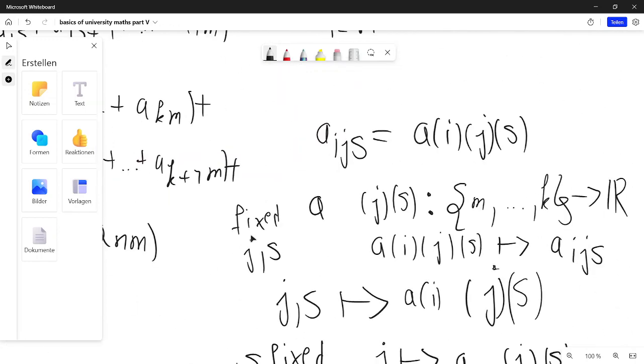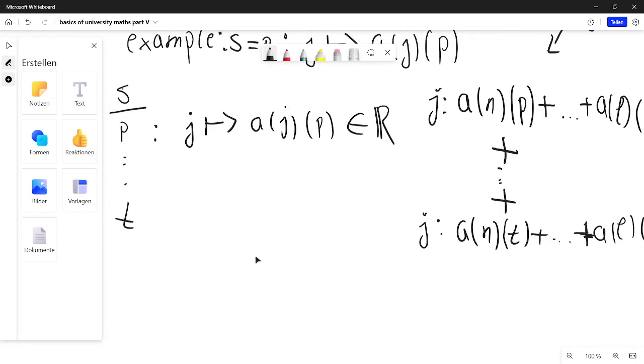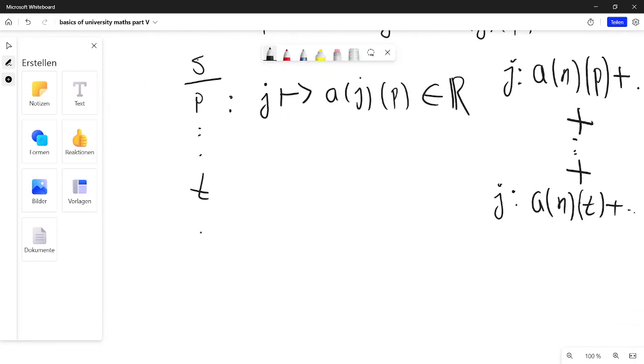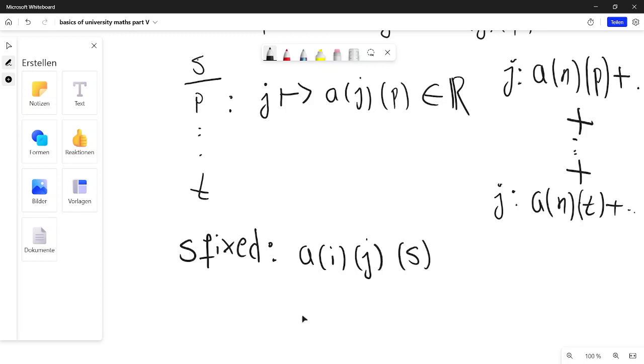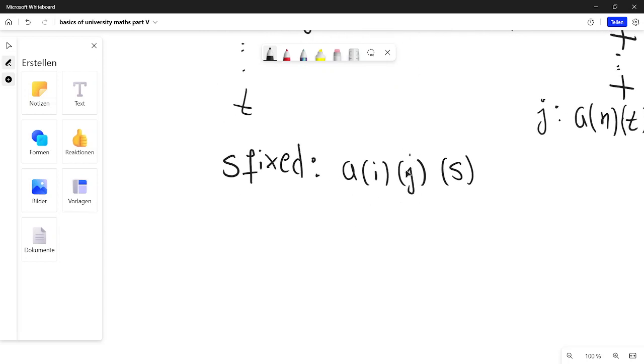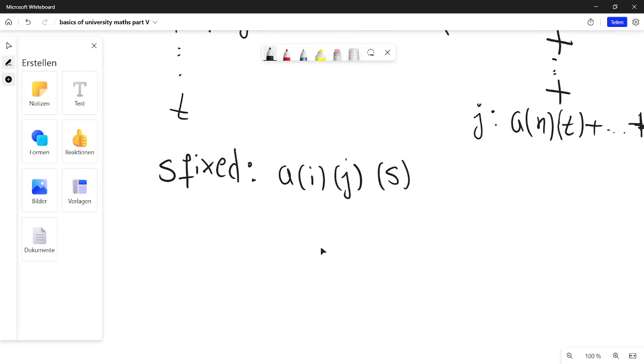And that just means what? Well, now we have this I in game, right? S is fixed. And for each fixed S, we have the same game. We have something that assigns to an index a function. But this is now for each S, right?